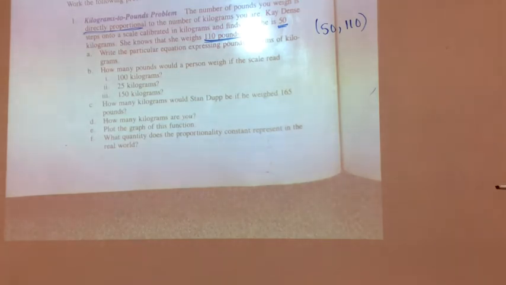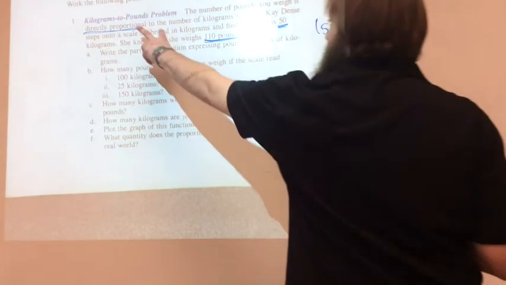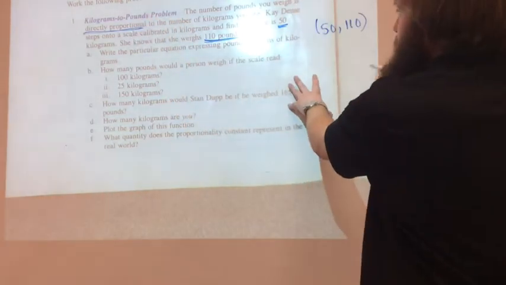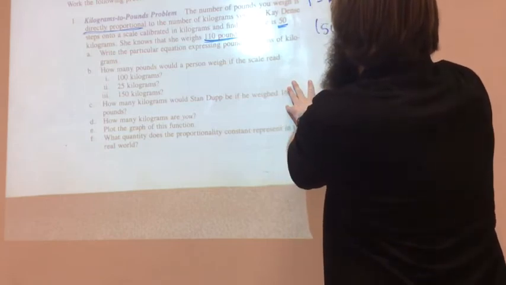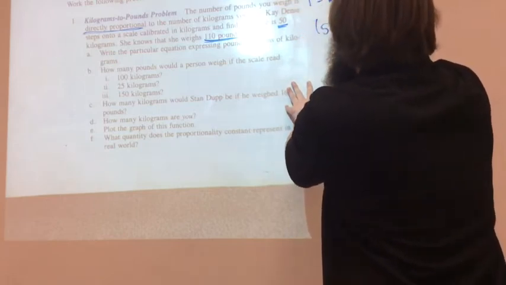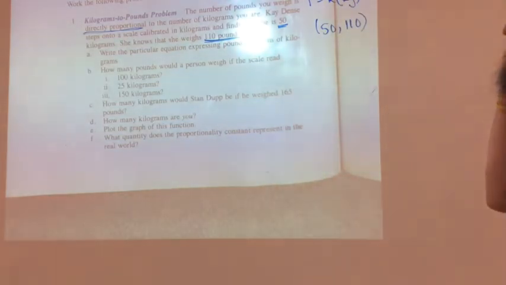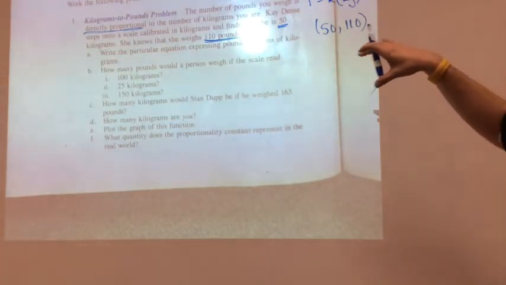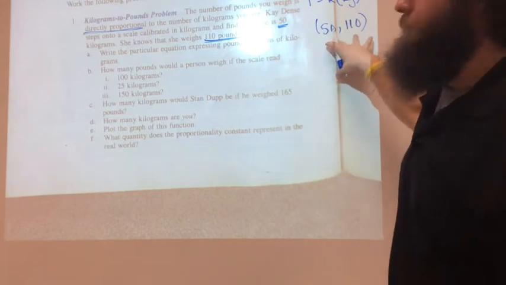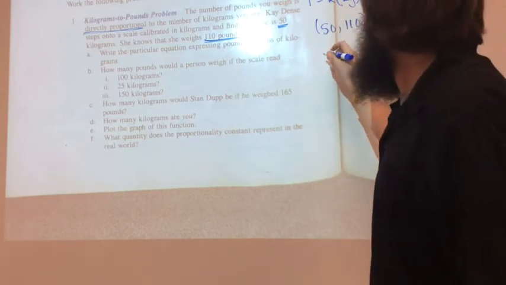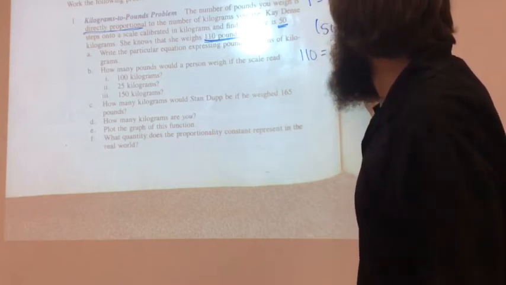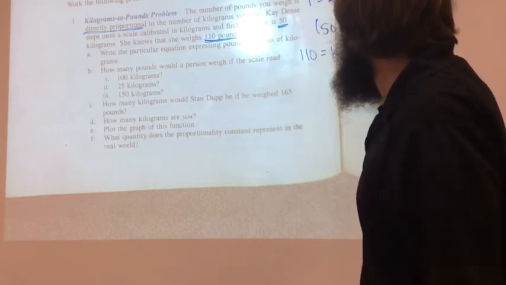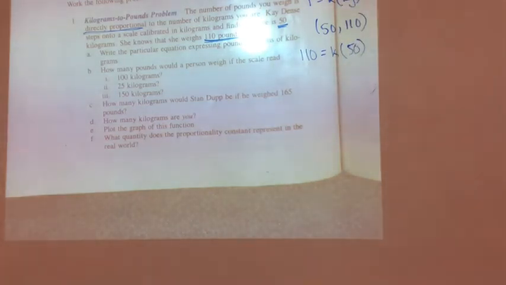First thing is write a particular equation of pounds in terms of kilograms. I was told this is directly proportional, so my general equation will be pounds equals k times kilograms. So if I want to make a particular equation, I'm going to use these points that I got. I'm going to plug in 110 for my pounds equals k times the amount of kilograms, which was 50.